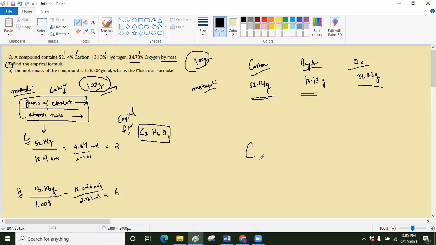Let's say I had X amount of atoms, right? Or actually, let me give some numerical quantity here. Let's say I had some 2.34 times 10 to the power something atoms. And then for hydrogen, I had some other big number. And then for oxygen, I had some other big number.